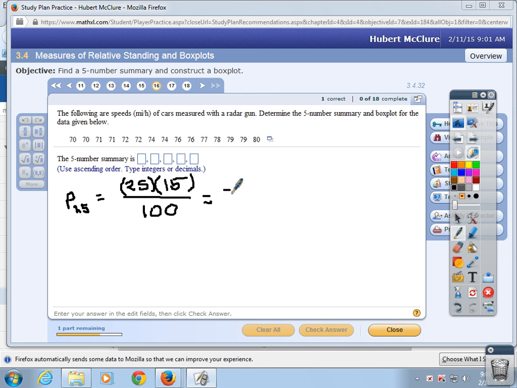Okay, 3.8. I was off by 1. So 3.8 tells us that we got to count it up to what? 4. So 1, 2, 3, 4. So 71 is our 25th percentile. Okay, go ahead and do the 50th and the 75th percentile. Pay attention to school.